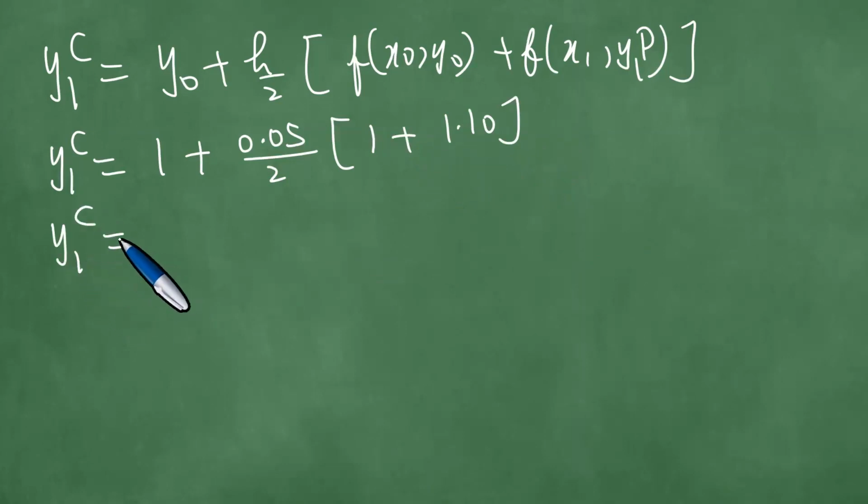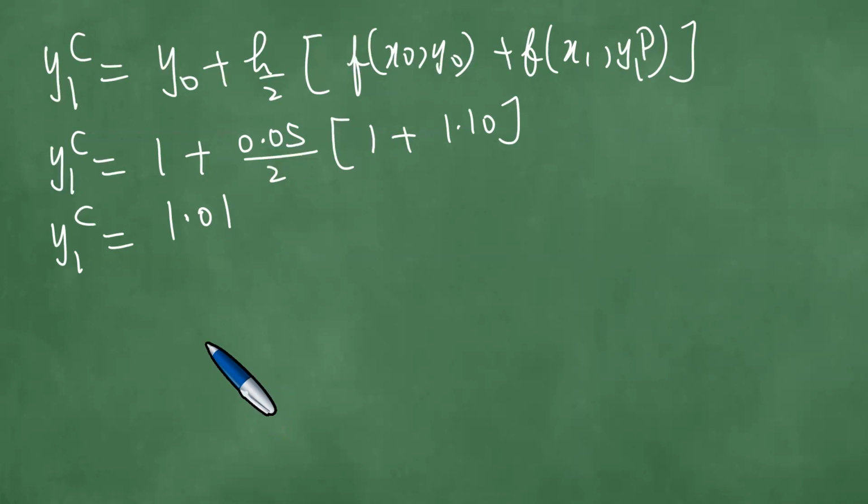Let's just do this one. So it's 1 plus 0.05 divided by 2 into 1 plus 1.10. Okay, it's 1.01.